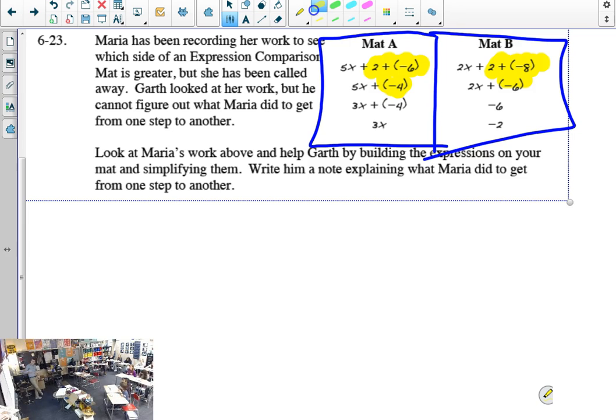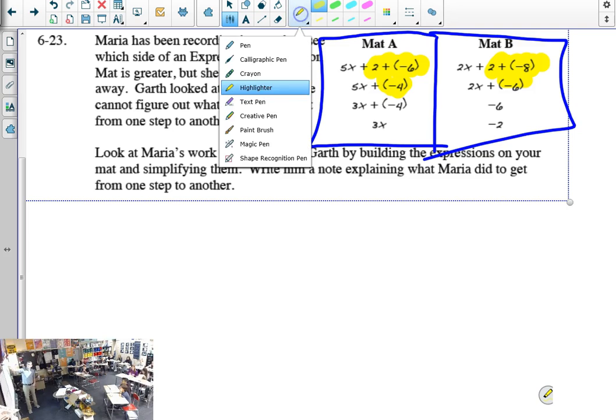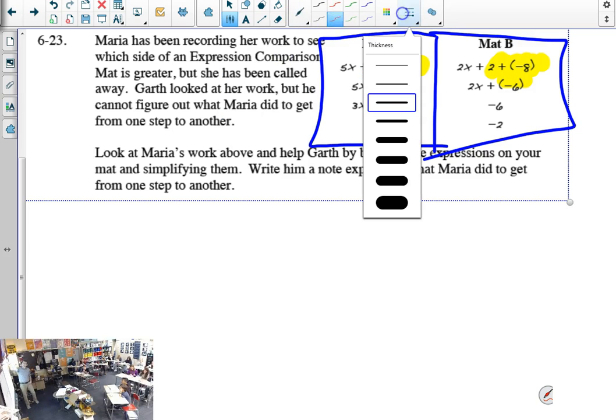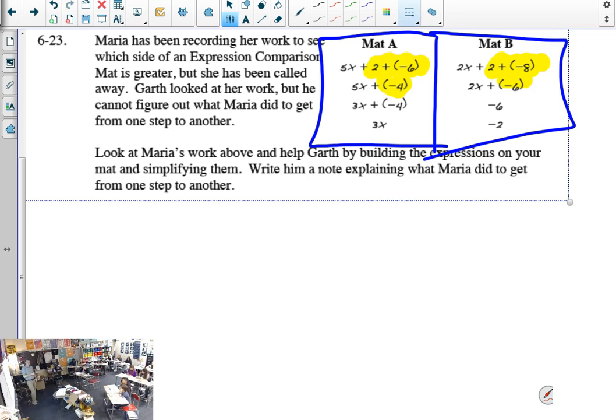Nathan, what about going from step 2 to step 3? There's a change on both sides, but she didn't show how she did it. So what changes? Does the constant value or the variable value change from step 2 to step 3? The negative 4 stays negative 4.